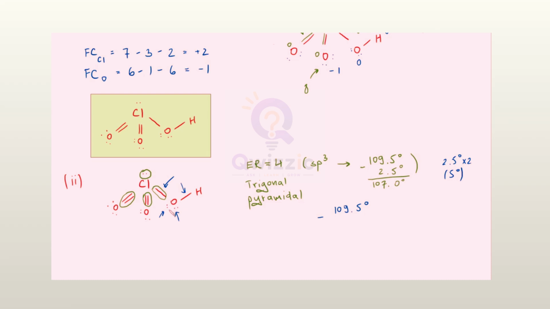Because each lone pair squeezes our bond angle by roughly 2.5 degrees. So we have to subtract 5.0 degrees, and we end up with 104.5 degrees, which makes sense, right?